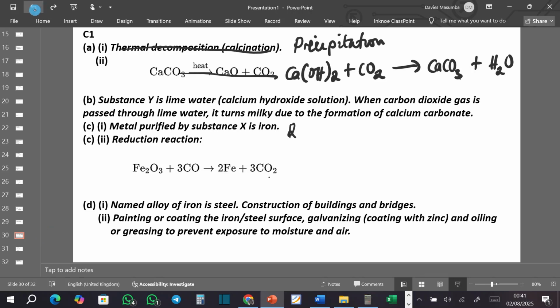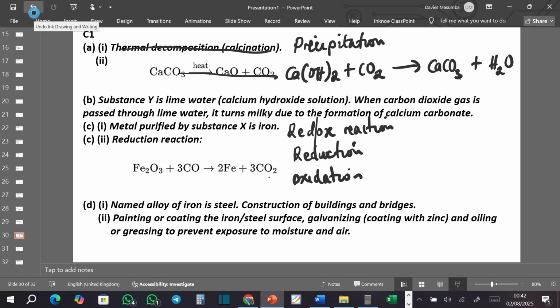So that is what we call in chemistry a redox reaction. This redox has got two parts. Red is reduction, then ox is oxidation. So reduction is the removal of oxygen from a substance or addition of hydrogen to a substance.